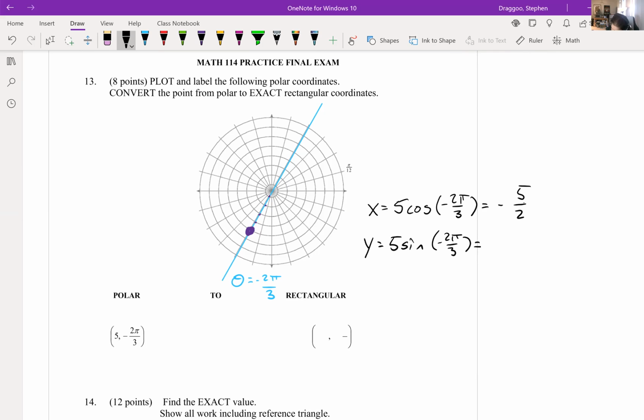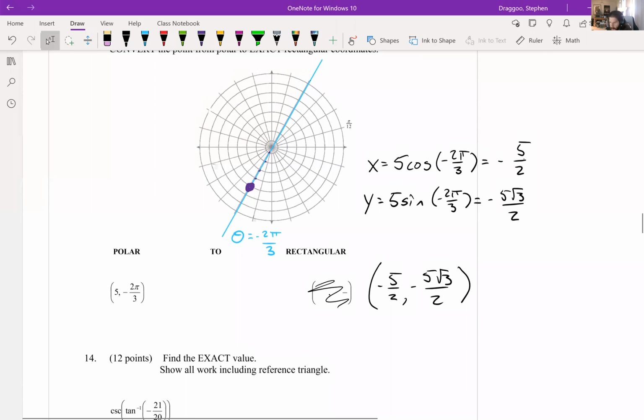That'll simplify to negative 5 root 3 over 2. So we'll just plop that into the point. So negative 5 over 2, negative 5 root 3 over 2. The given parentheses were a little small, so I just crossed them out and made my own.